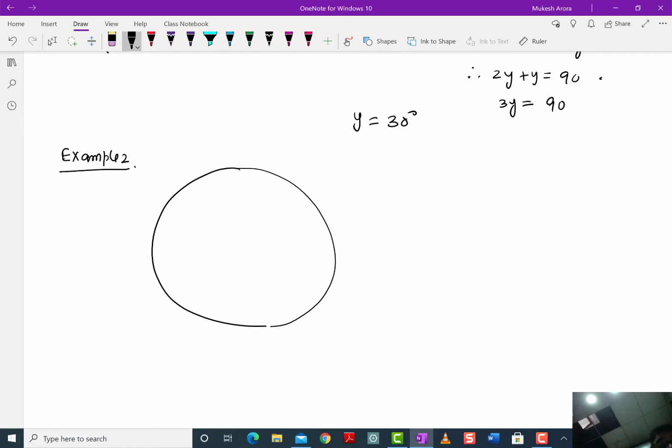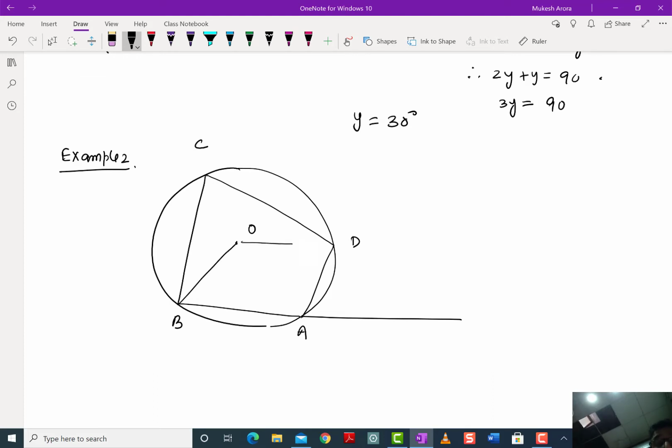A, B, C, D. O is the center of circle. This angle is equal to 70. Find angle BCD, angle BOD, angle OBD.